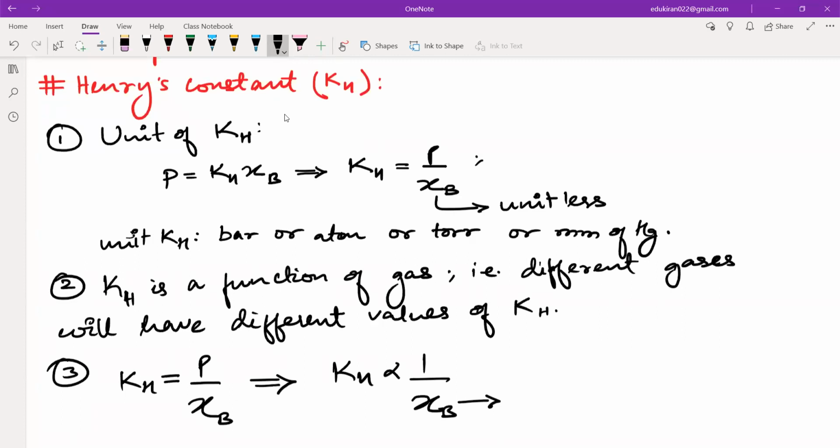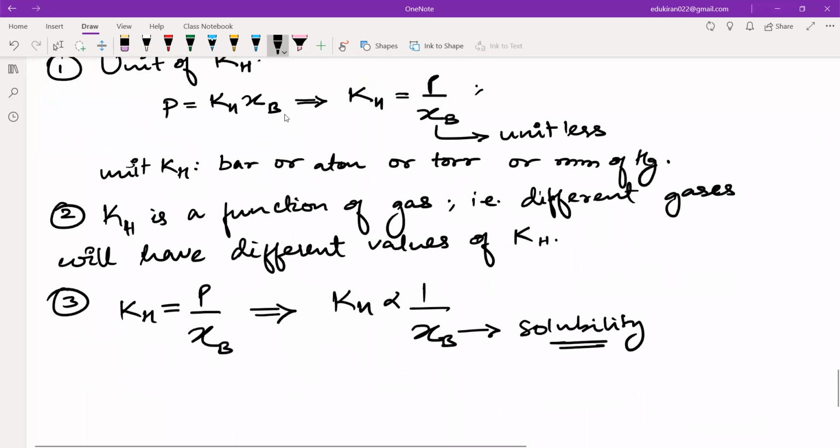Chi B is concentration, it is solubility, the amount of solute in solvent. So we can see that solubility is inversely proportional to KH.